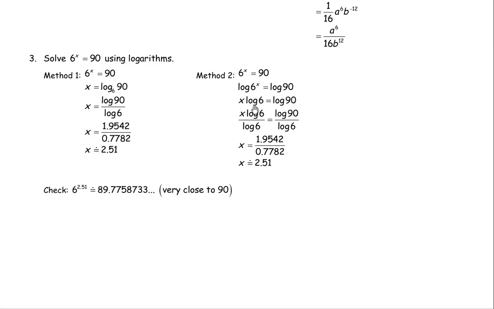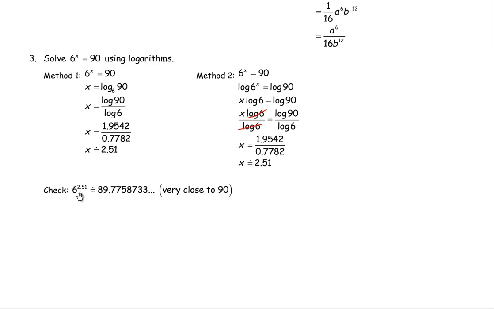Now I'm trying to solve for x, so I want to get rid of this log 6. I would divide both sides by the log of 6, and these log 6s just divide out. On the left, you just have x equals the log of 90 over the log of 6, which is the same as we have here. That's why these decimals are the same, and you get 2.51 again.